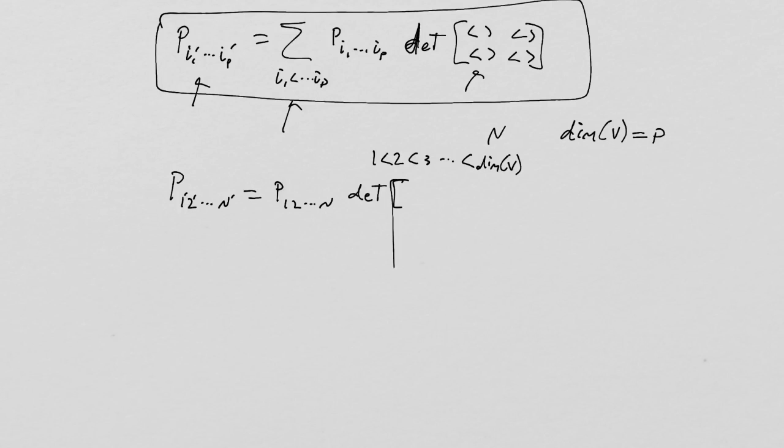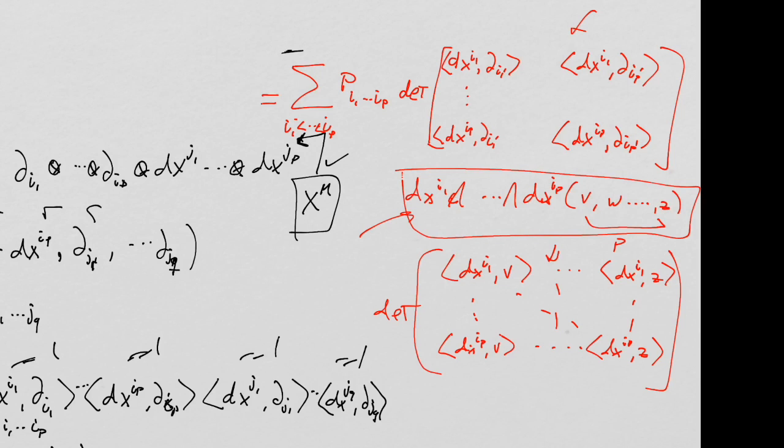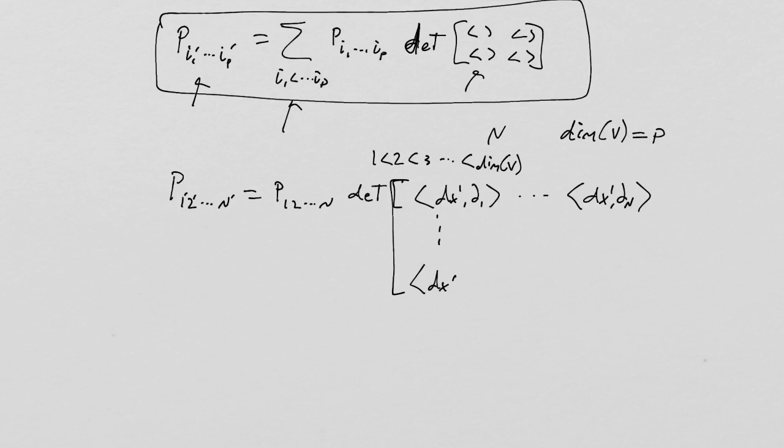So what is that determinant? Well, let's write that out one more time. That determinant was dx1 partial 1 all the way to dx1 partial n. And then it's dxn partial 1 all the way to dxn partial n, right?